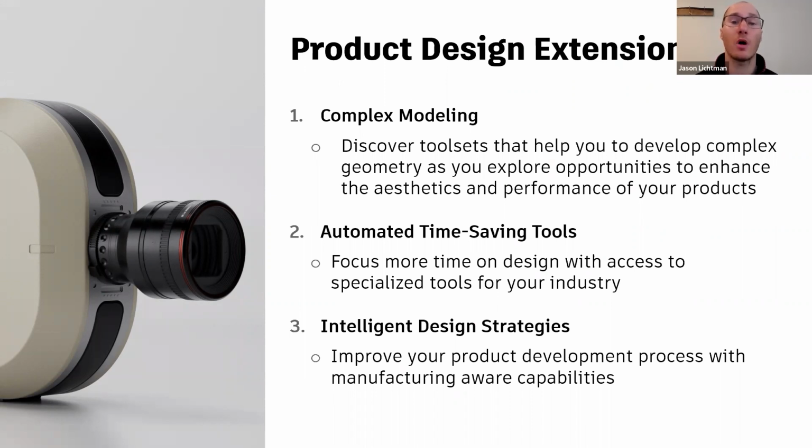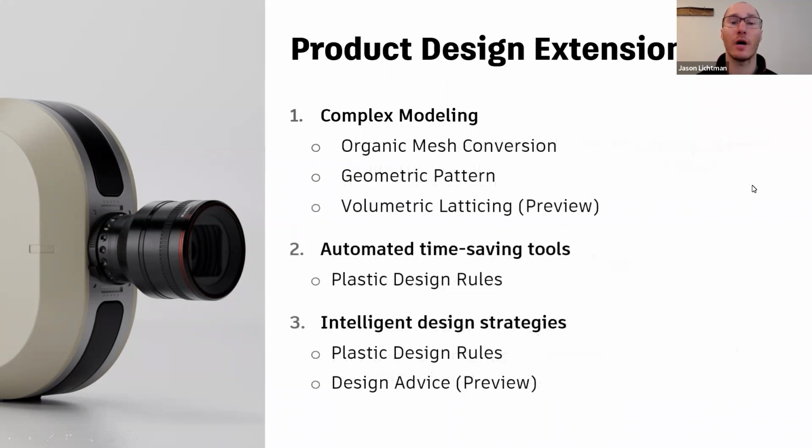It also includes automated time-saving tools, so you can get more done with less time and use that time more wisely. Also, it includes intelligent design strategies. So it helps you improve your product development process with manufacturing aware capabilities. And that becomes really important as well. When we make these items more practical, they look like the following.